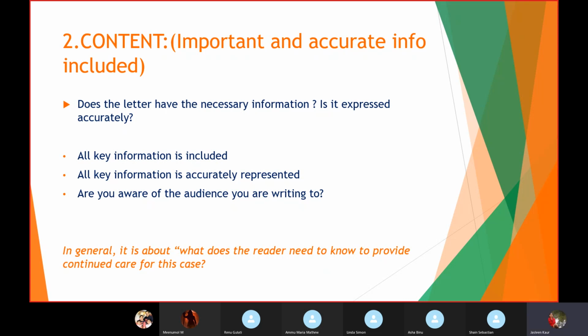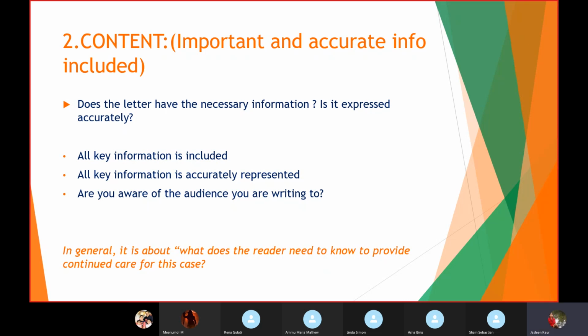Okay, now if you have written all the relevant information and you have transformed it accurately, and you are aware whether you are writing to a medical person or a non-medical person, and you have written in that way, then probably you'll get 7 band for that.